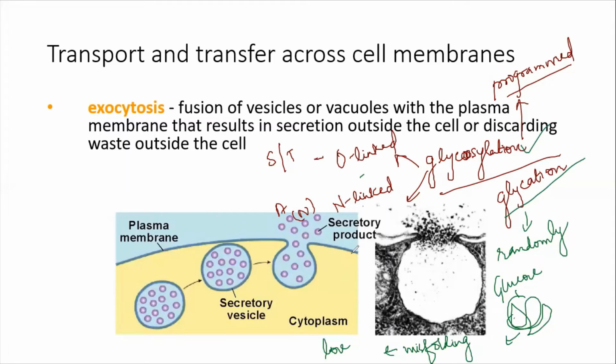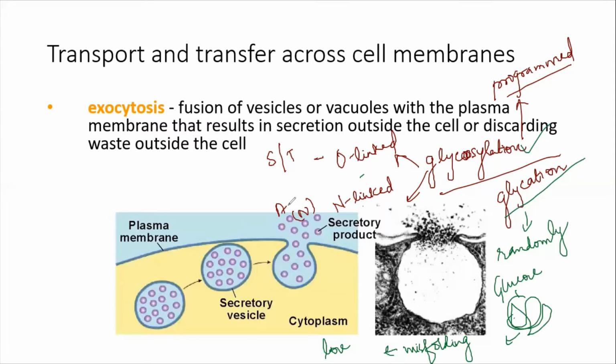Now, because of this, what happens? When glucose is present in your blood for a long time, and if it is not taken up by the cells or the tissues, then this glucose gets randomly glycated on the albumin proteins and other proteins. What is hemoglobin? Hemoglobin is inside the RBCs, so it will not have that much effect. But if it is present outside in the blood, then what happens?